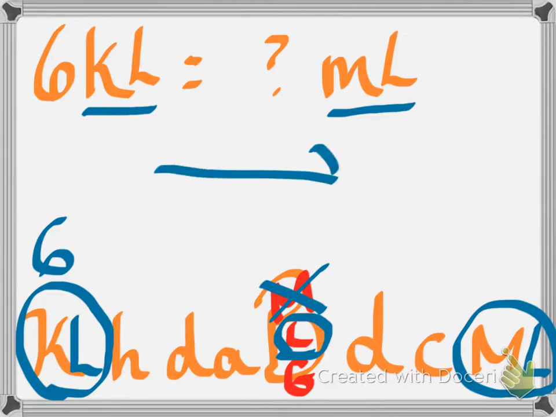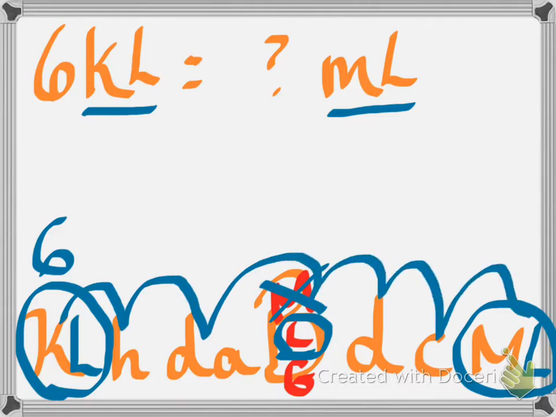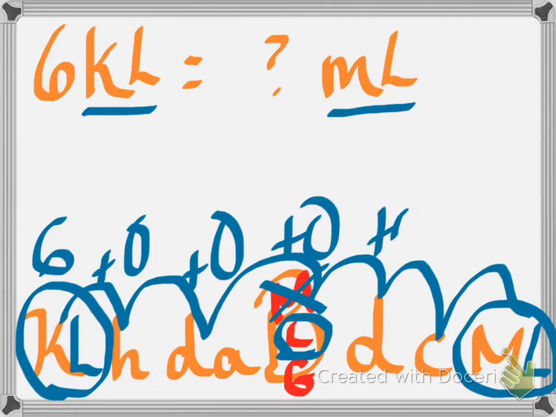Now we're going to start doing our bubbles. We are going to the right. So do we add or subtract zeros? That's right, we add zeros. So let's start doing bubbles. 1, 2, 3, 4, 5, 6. Look at all that. So we're adding 0, 0, 0, 0, 0, and 0.